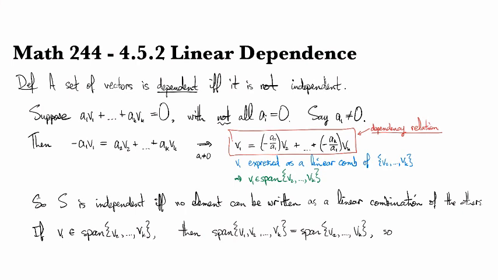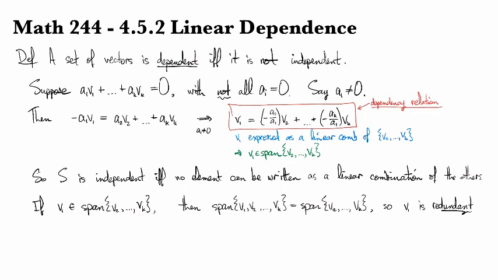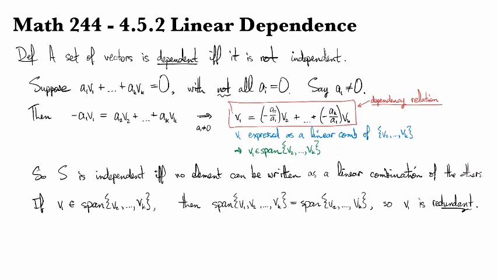So this means that v1 is redundant. It's useless. We didn't need it. We could build anything we needed to just with the other elements of the set. So an independent set contains no redundant information.